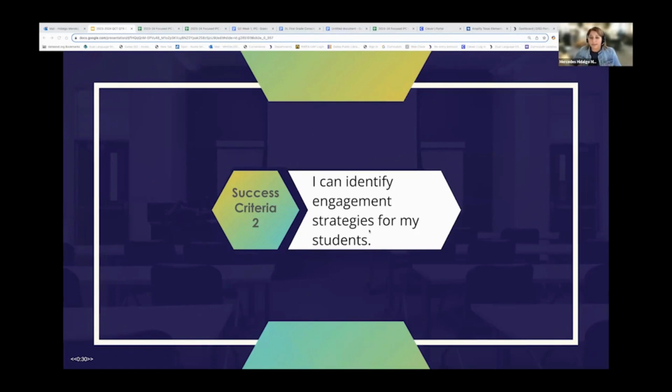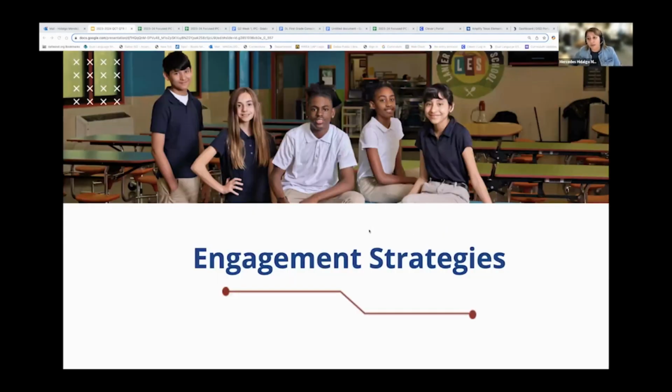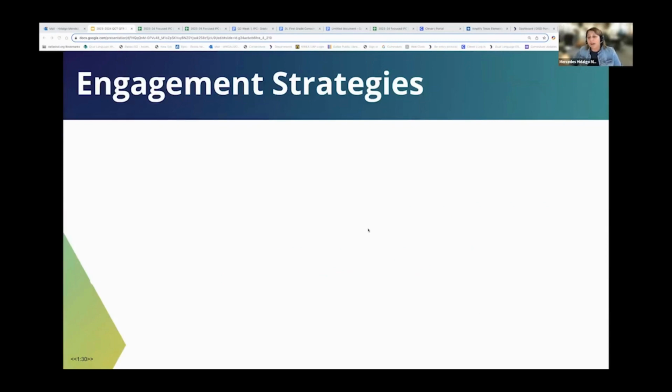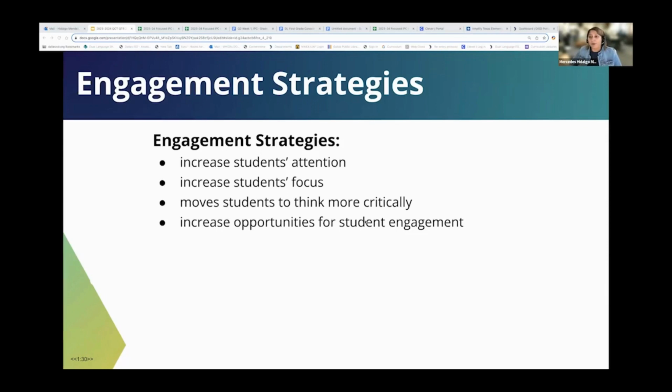So like we said, we're not making changes to Amplify, but we have to make it ours when we are presenting to our students. And if we follow Amplify as is, then sometimes it looks a bit static. So let's work on some ideas on how to make the lessons a little bit more dynamic.